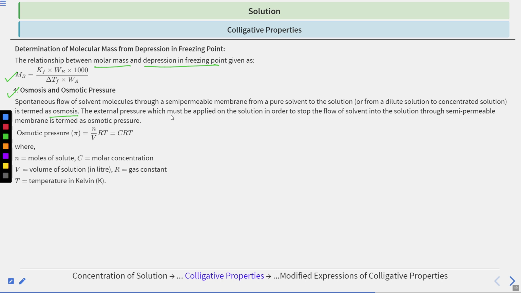The external pressure which must be applied on the solution in order to stop the flow of solvent into the solution through a semi-permeable membrane is termed osmotic pressure. It is given by pi equals n by V R T, and n by V can be written as C, the molar concentration, so pi equals C R T. Here n is moles of solute, C is the molar concentration, V is the volume of the solution in liters, R is the gas constant, and T is the temperature in Kelvin.